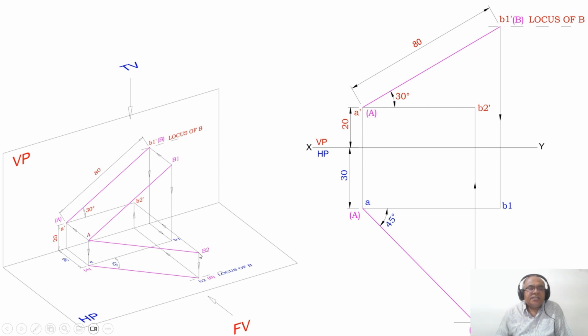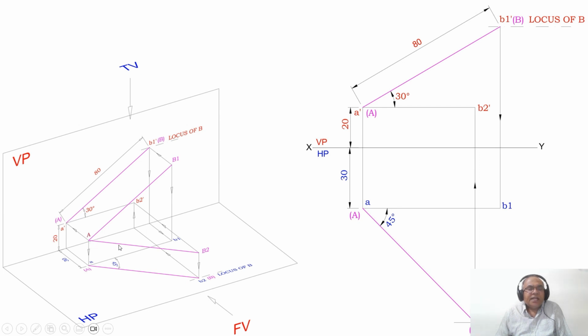I need to project this point from the front view to this point. Then only A, B2 will be parallel. Why do I need to project this till here? Because A dash is above HP by 20 mm and B2 dash should also be above HP by 20 mm only. Then only the line will be parallel to HP.